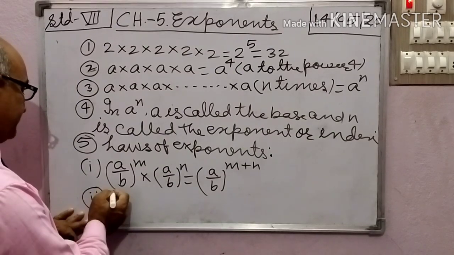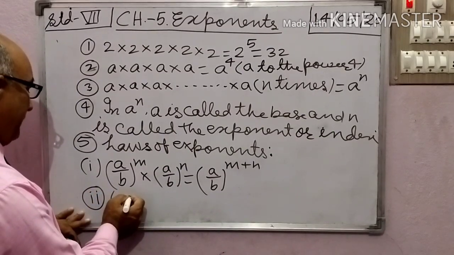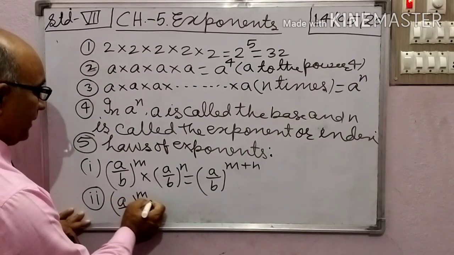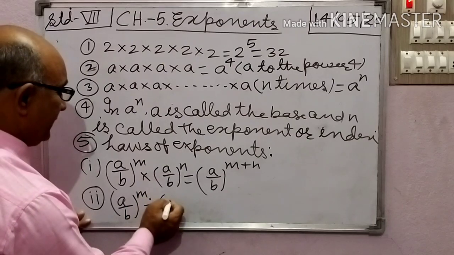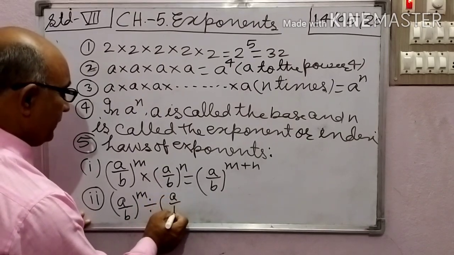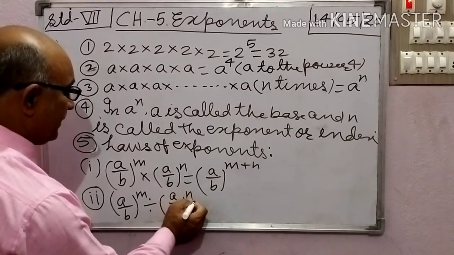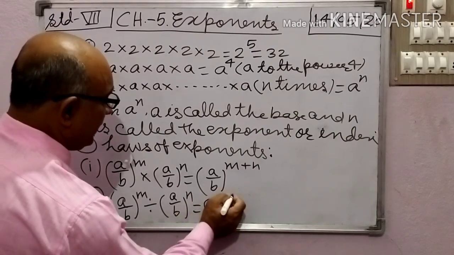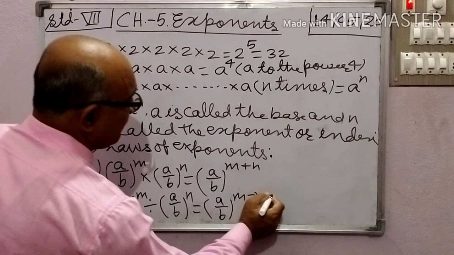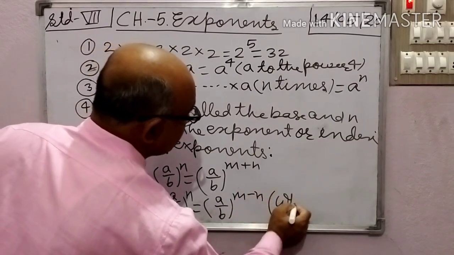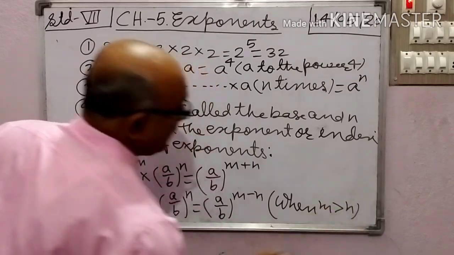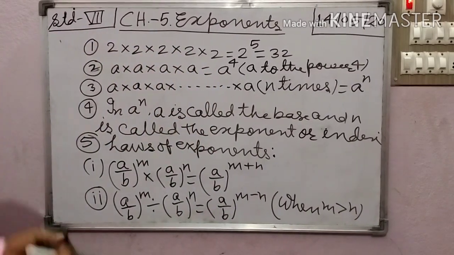Second law: (a/b) to the power m divided by (a/b) to the power n equals (a/b) to the power m minus n, when m is greater than n. Write it.